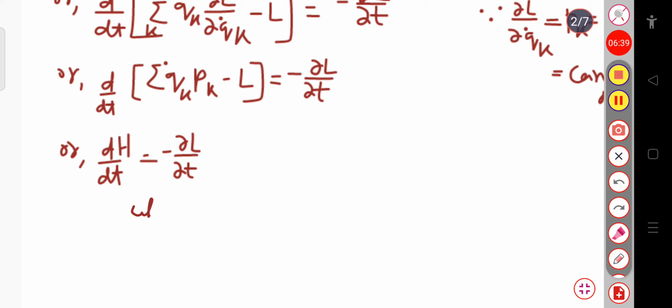And this also can be written as, since p is the momentum, sum over m into v.